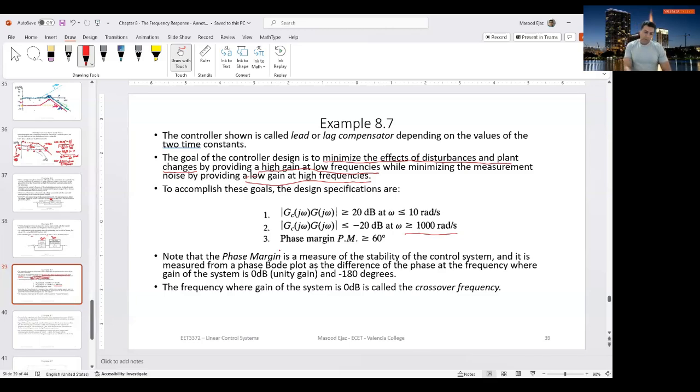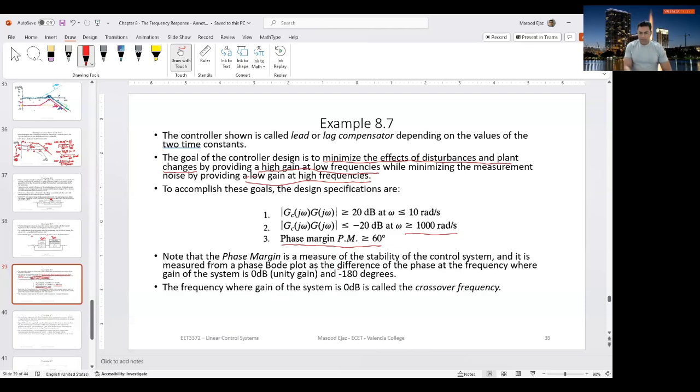And the third parameter that we never discussed, and we're going to introduce it, is the phase margin. Phase margin has to be greater or equal to 60 degrees. So what is phase margin? Phase margin is a measure of the stability of the control system, one of the measures of the stability of the control system. It is measured from the Bode plot as the difference of the phase at the frequency where gain of the system is 0 decibel, and negative 180 degrees.